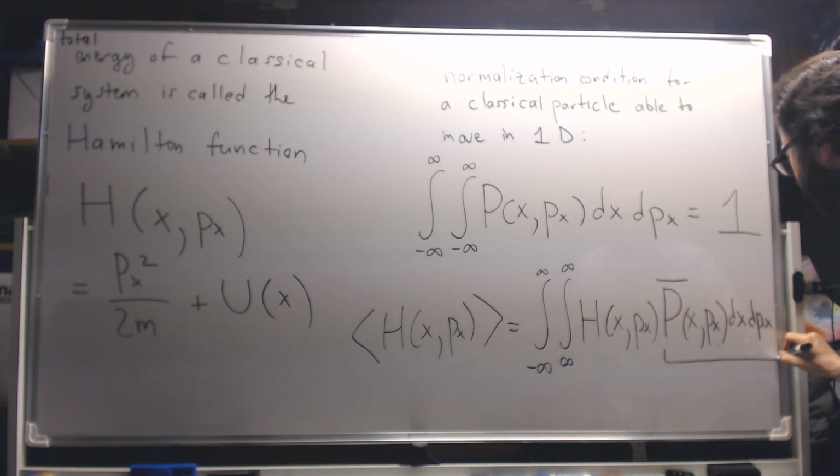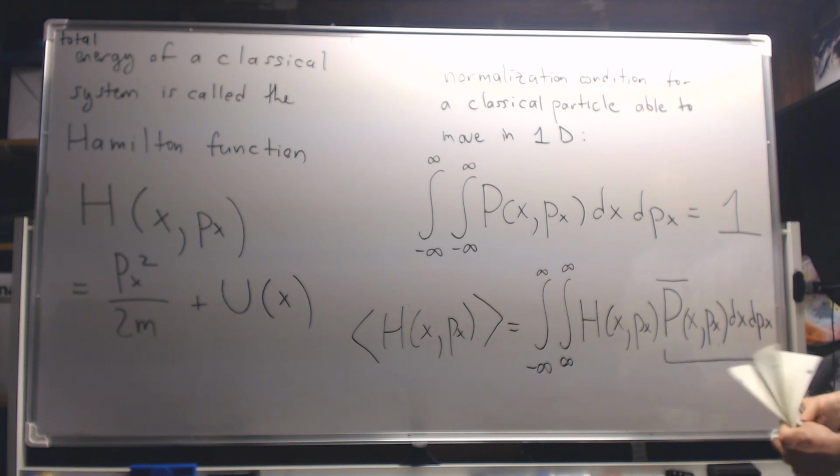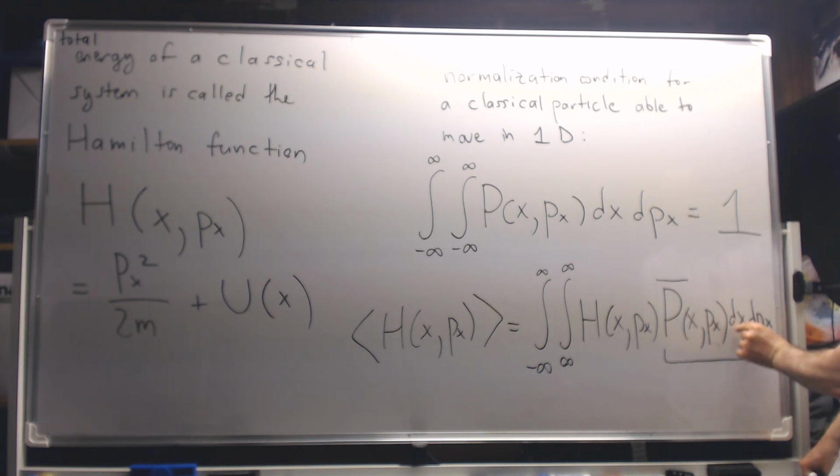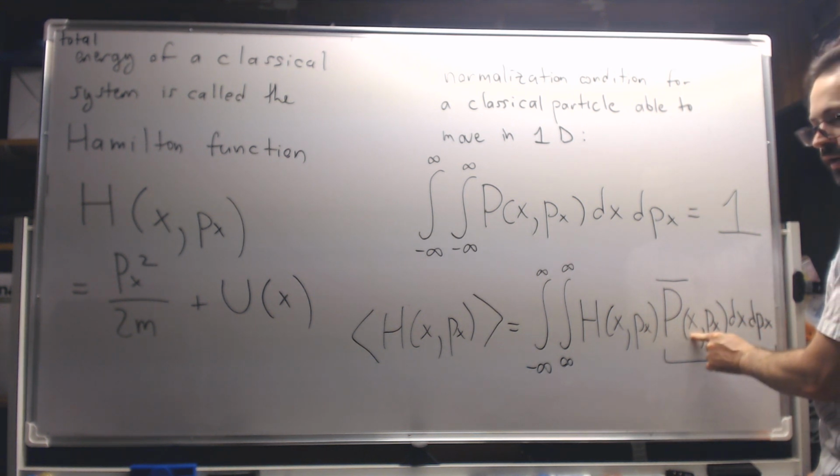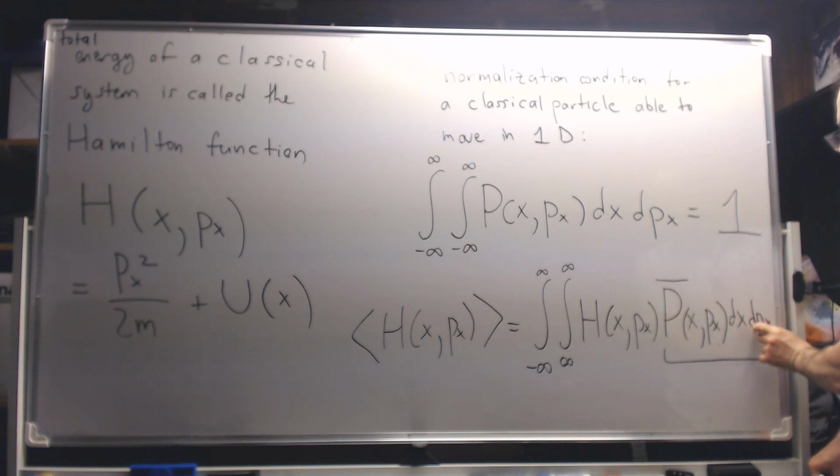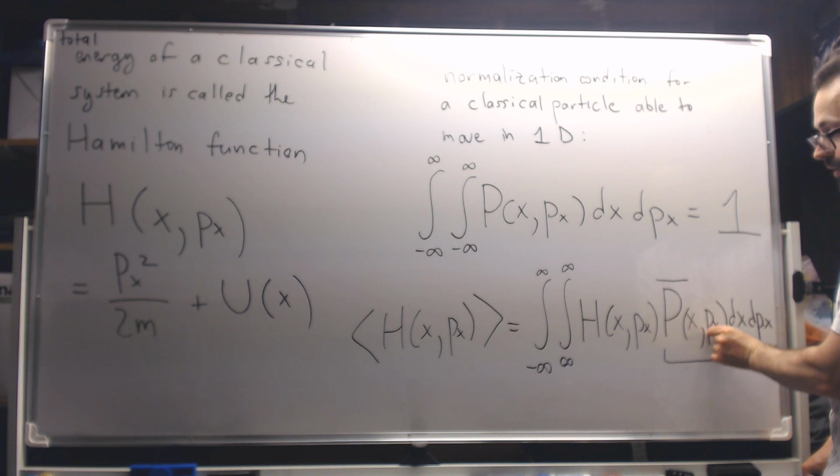This is the probability that the particle has position in a small interval dx around the point x and momentum in the small interval dpx around the value of momentum px.